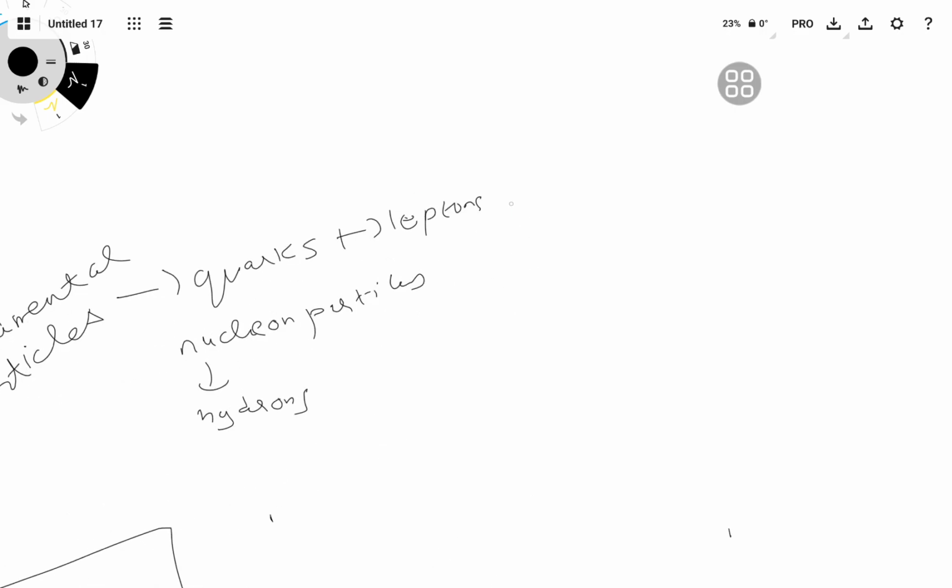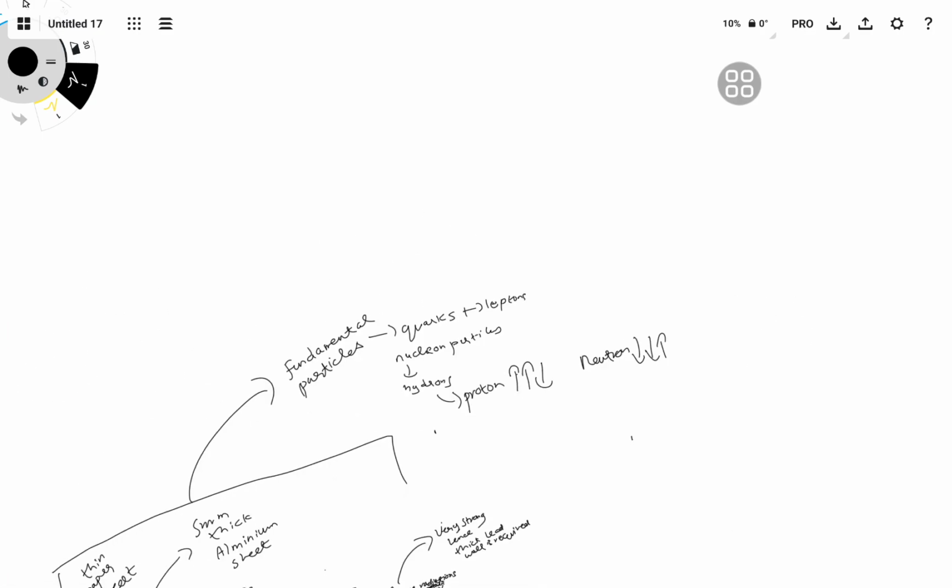A proton is made up of two up quarks and one down quark. A neutron is made up of two down quarks and one up quark.